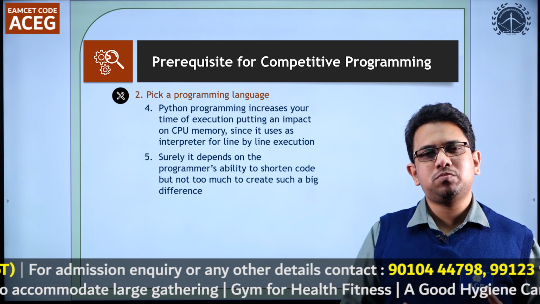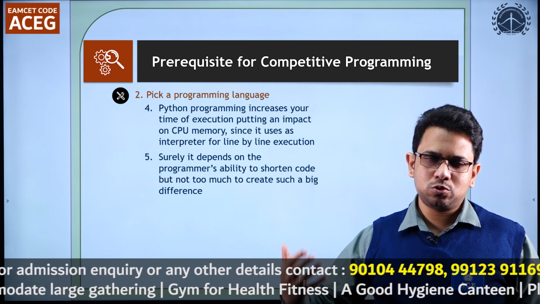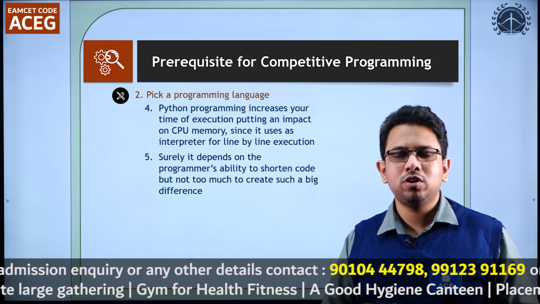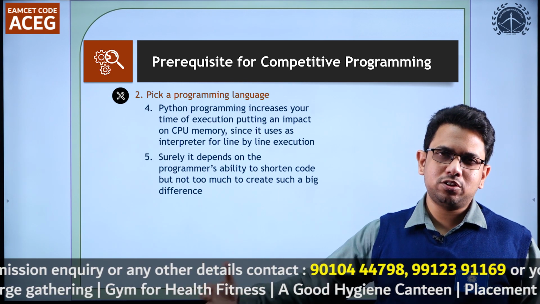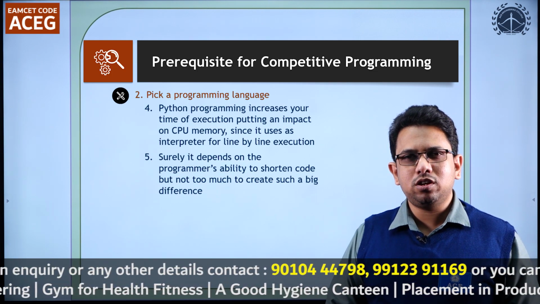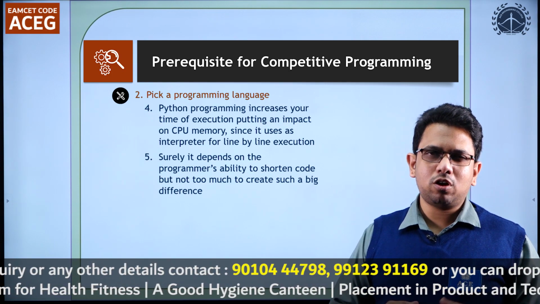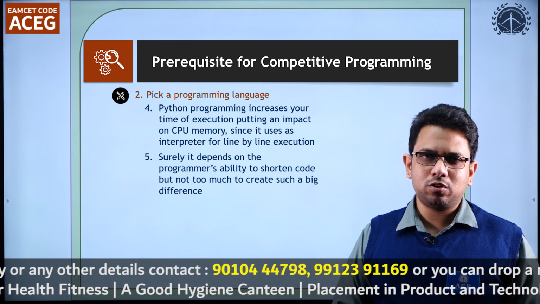If C takes a second to solve a problem, Java will take 2 to 3 seconds, and Python may take 5 to 6 seconds to solve the same problem. Many people still prefer Python, but it may not be the most appropriate for competitive coding.